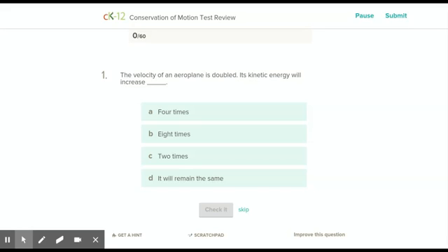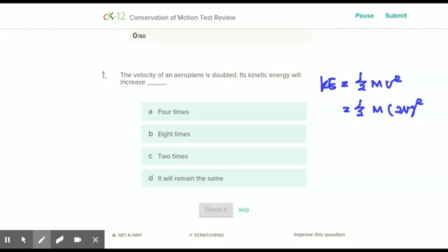Okay, question number 1. The velocity of an airplane is doubled. Its kinetic energy will increase. Okay, so kinetic energy is half mv squared, right? So if you double the velocity, it becomes half m times double the velocity, 2v squared.